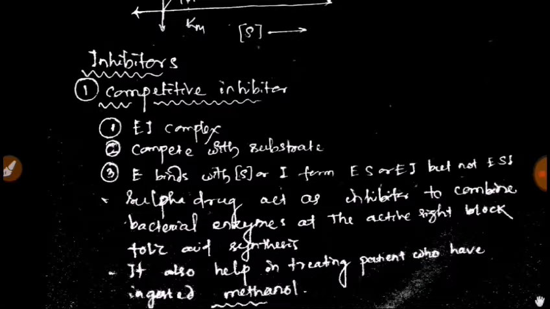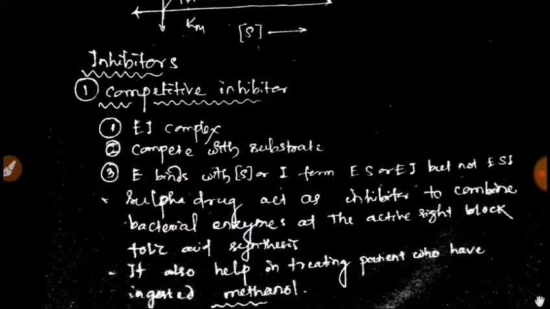There is also an example I will discuss. Sulfa drugs act as inhibitors, combining with the bacterial enzyme at the active site and blocking folic acid synthesis. It also helps in treating patients who have ingested methanol.